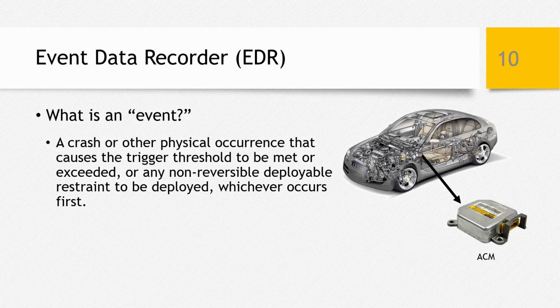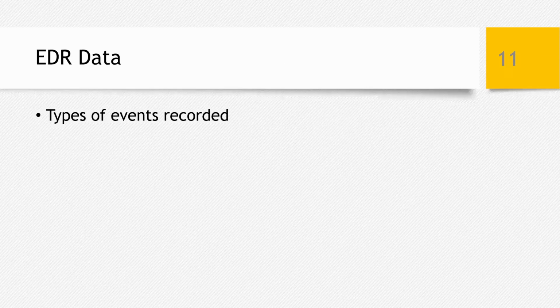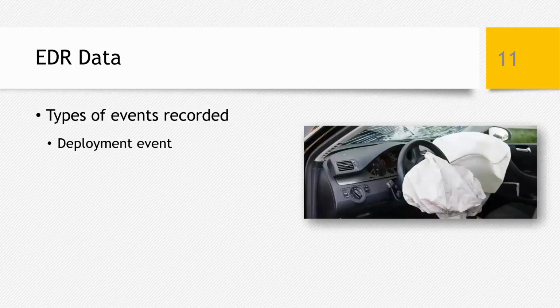And alternatively, some supplemental restraint, such as an airbag in a vehicle, could deploy, signifying the event. And so in simple terms, there are two basic thresholds that can trigger data to be recorded to an EDR. So that leads us to the fact that there are realistically two types of events.